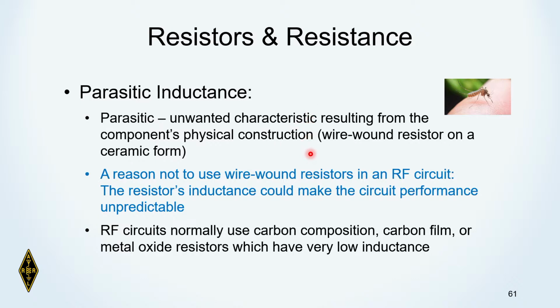A carbon film or carbon composition resistor wouldn't have that characteristic. So a reason not to use wire-wound resistors in an RF circuit: a resistor's inductance could make the circuit performance unpredictable. So you think you're putting in a resistor, but you're actually putting in a resistor and an inductor, which could drive the circuit crazy.